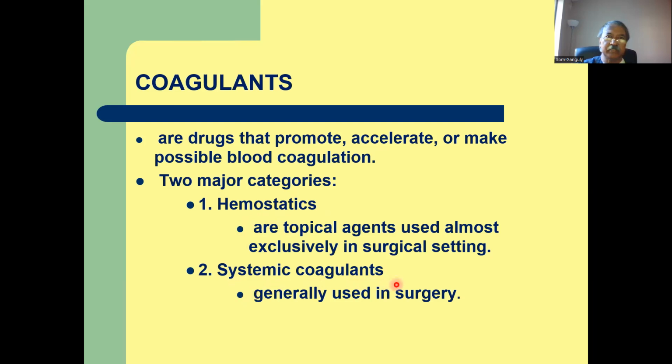And then systemic coagulant, generally used during the surgery, like they will give this through the IV. Hemostatics are topical. You use it right on where there is bleeding. Like you see a muscle belly is bleeding, you apply hemostatic agent there.